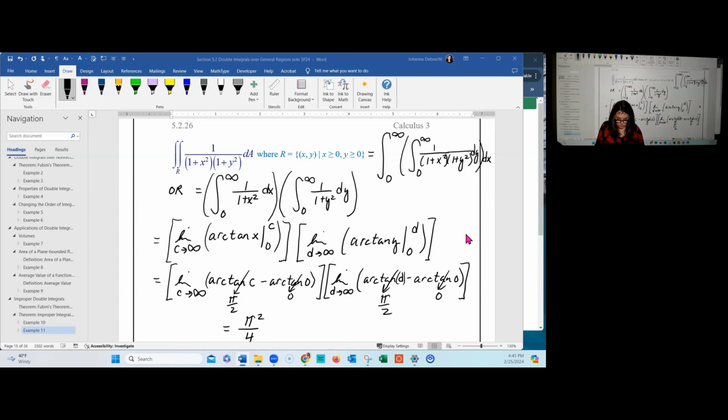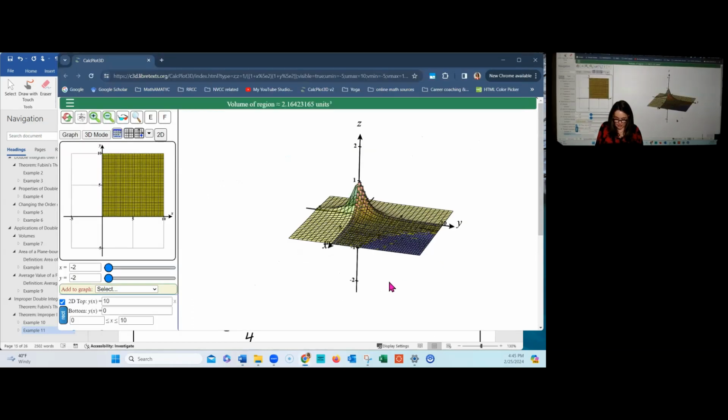Let's take a look at what this looks like out on CalcPlot 3D. In CalcPlot 3D, we have an unbounded region in our 2D trace plane. It's only showing from 0 to 10 in both directions, but in fact, it extends forever up and to the right in quadrant 1.